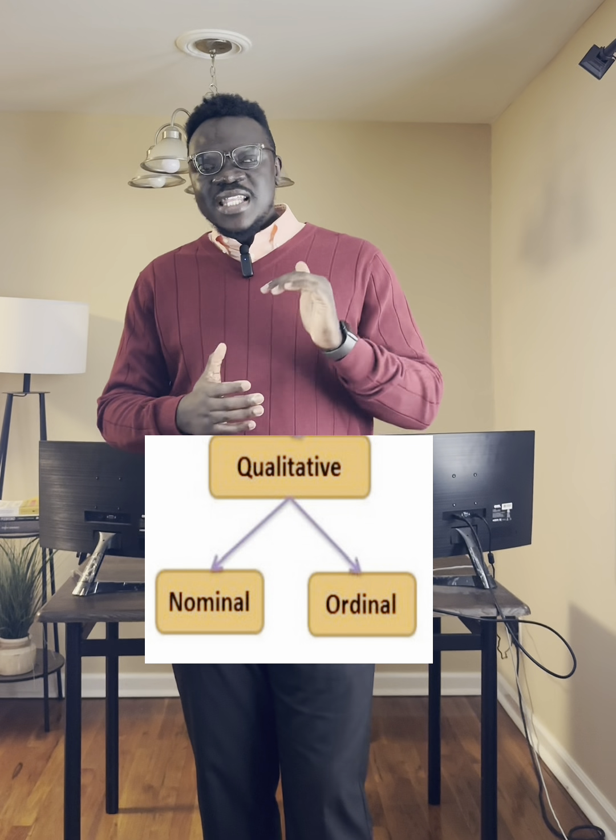With ordinal, the data is grouped into labels, and with these labels or groups, we can predefine an order or rank them. For example, with student letter grade, we all know that A is ranked higher than a B, B is ranked higher than a C, and so on and so forth until we get to an F. Because we have a predefined order in the data, we say it is ordinal.